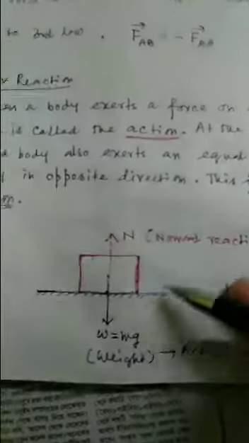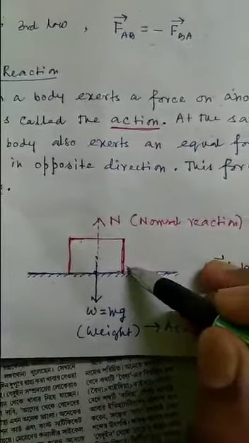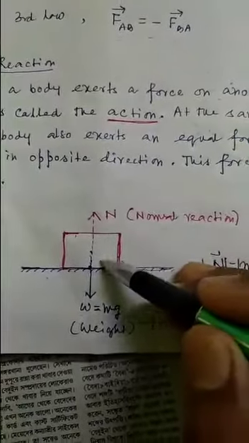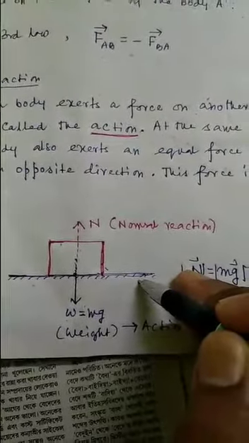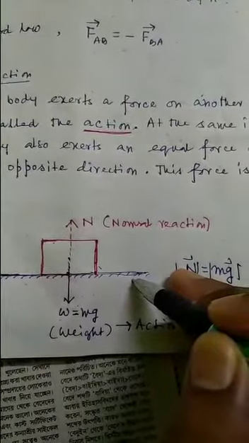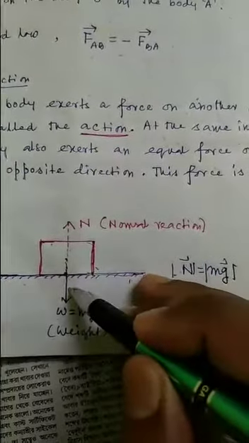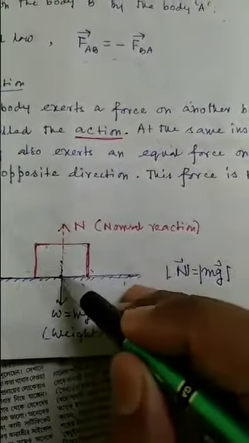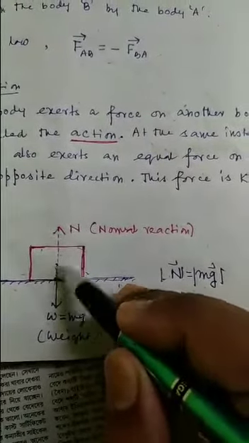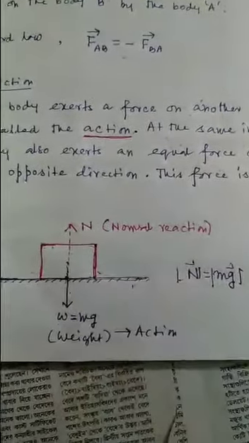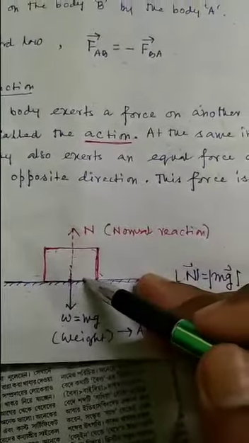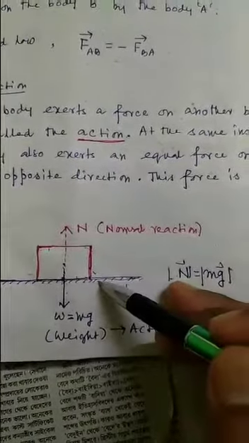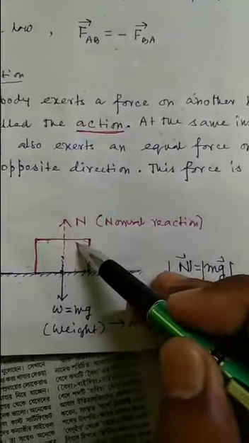In the example, the weight acts on the table, and the normal reaction acts by the table on this block. So the action acts on the table and the reaction by the table acts on the body.